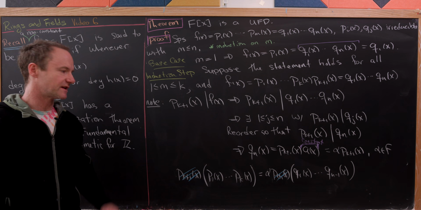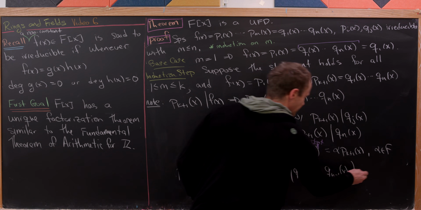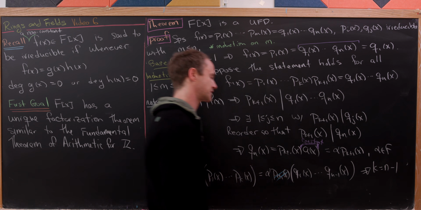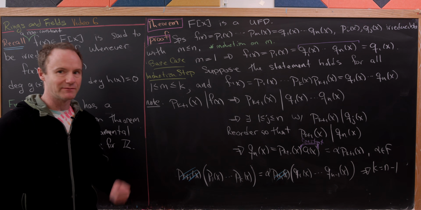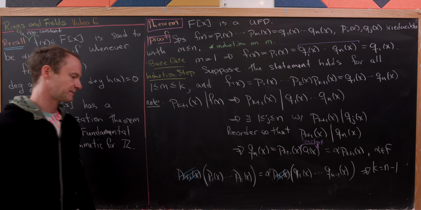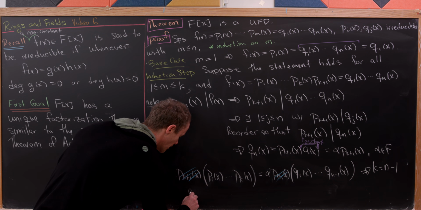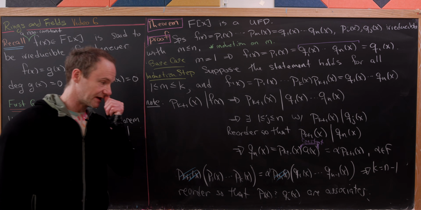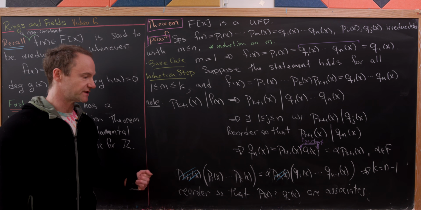But now we can apply the induction hypothesis to do two things. First off, we can say that k is equal to n minus 1. In other words, we've got the same number of irreducibles on both sides. And then we can also reorder so that the pi of x and qi of x are associates.